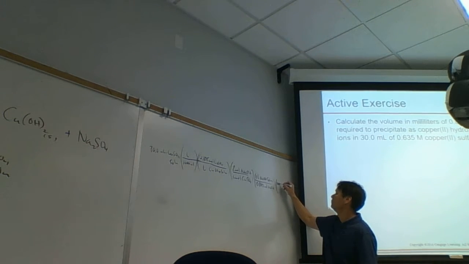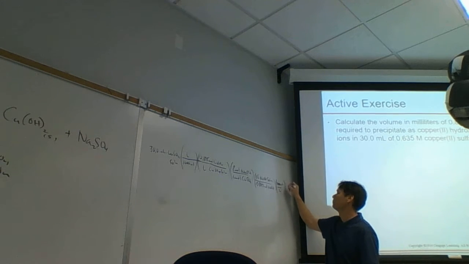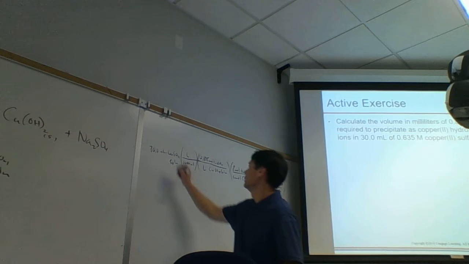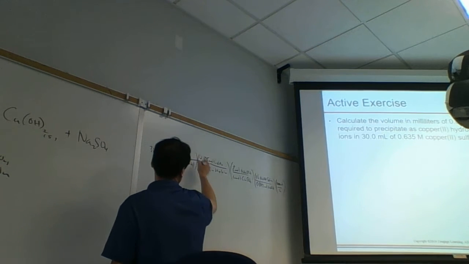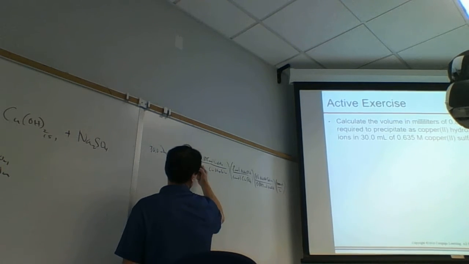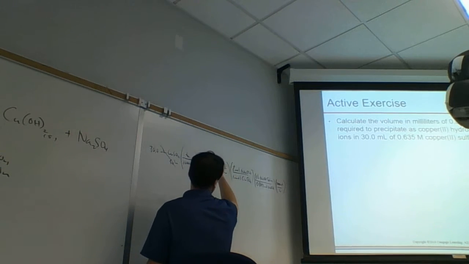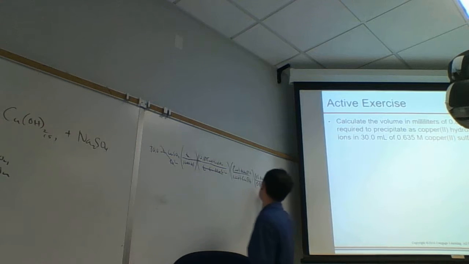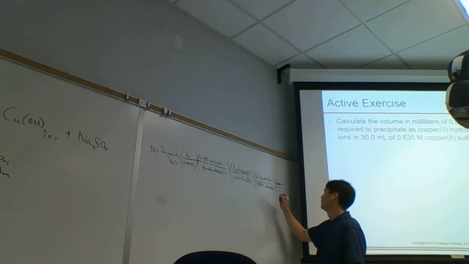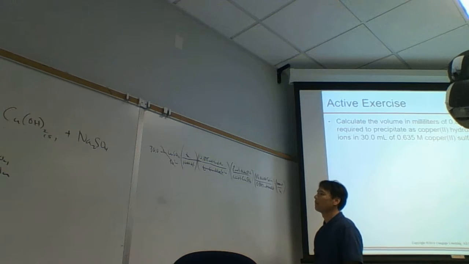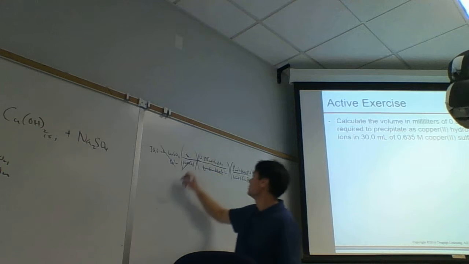So 1,000 milliliters per liter. That should give it to us. Everything should cancel. Milliliters of sodium hydroxide, cancel, liters, copper(II) sulfate, moles of copper(II) sulfate, moles of sodium hydroxide, liters get converted to milliliters here. Okay, the 1,000 cancels out the 1,000 here.